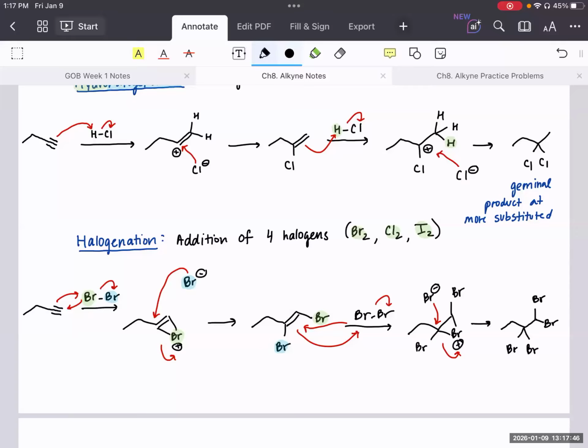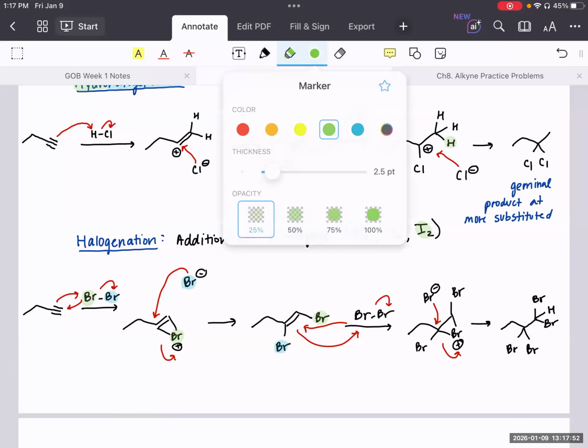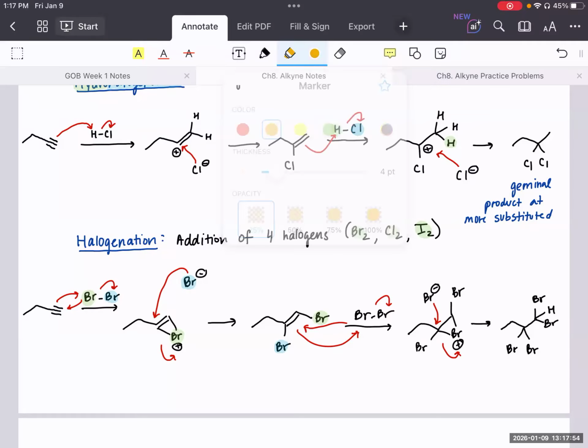And then we also have that extra hydrogen that I'm not drawing in, but it's on that terminal carbon. And so here, for that last step, I'll highlight where each of those bromines came from to help make sure that we know where everything's coming from. All right, and once we highlight those, I think that will wrap up this video.